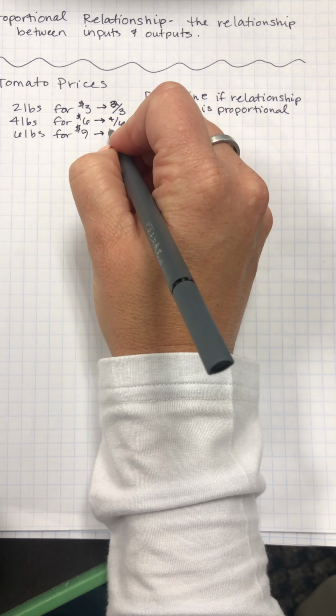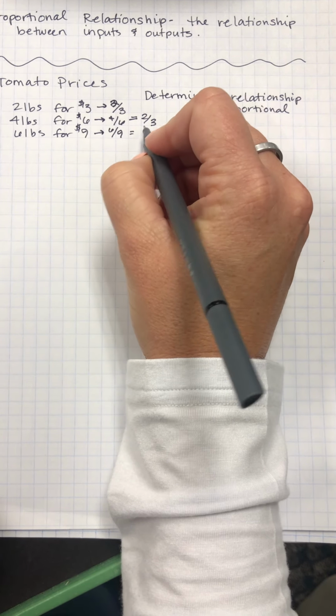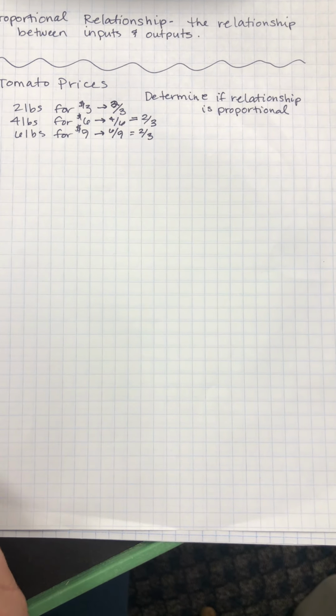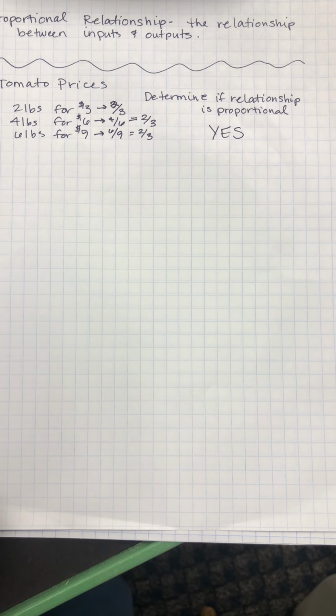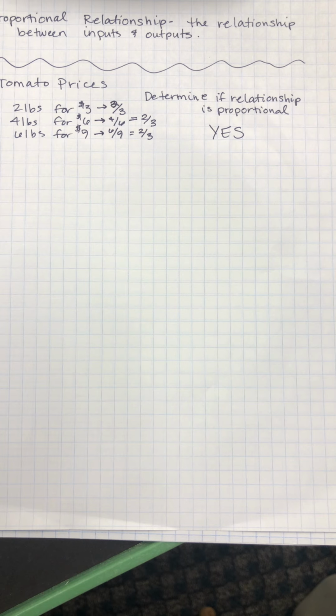Last one, 6 pounds for $9, can be reduced by 3, which will give me 2/3 again. So this is proportional. The difference between them was all the same. Okay?